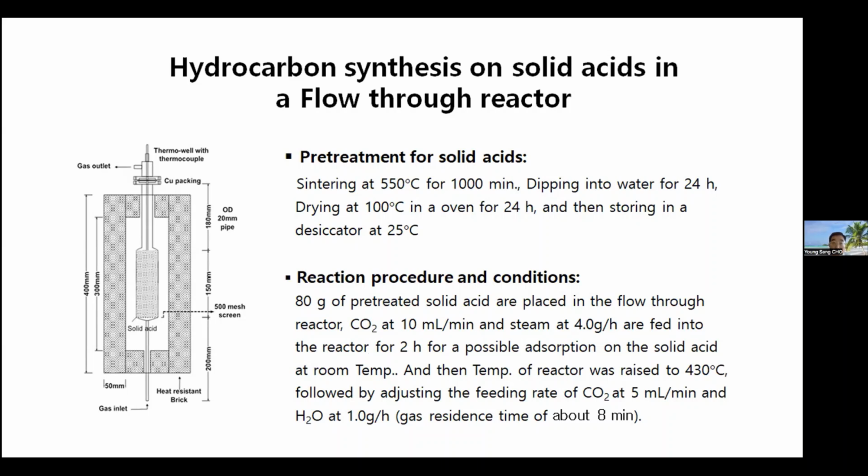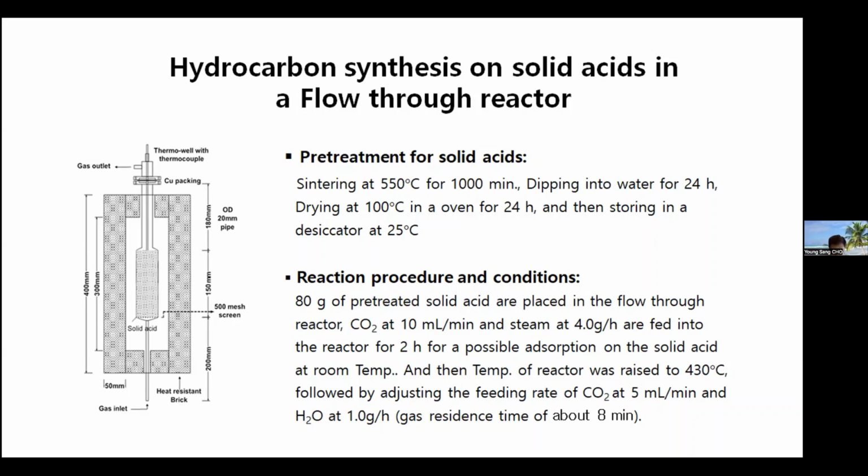We tried hydrogenation synthesis on solid acids in a flow through reactor. In order to prepare this experiment, we pretreated the solid acids. We sintered solid acid to remove volatile metals, and then we put it into water to remove soluble materials.